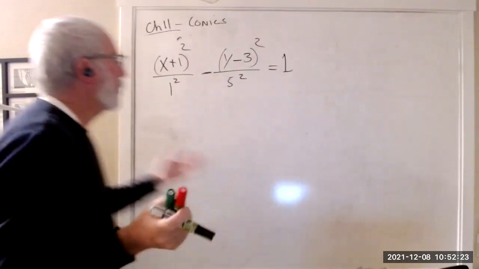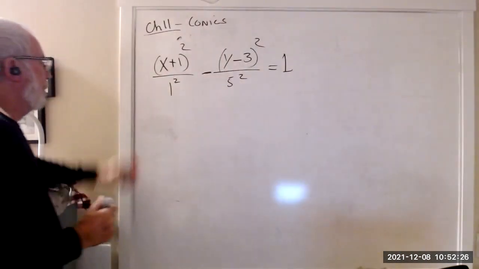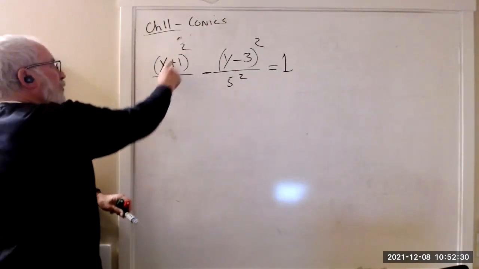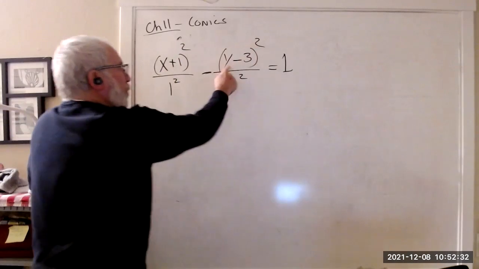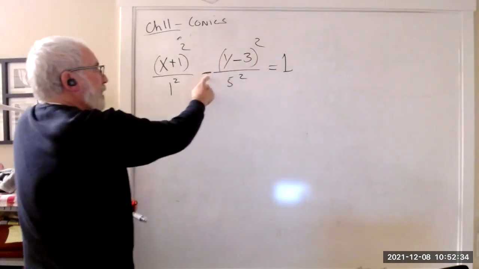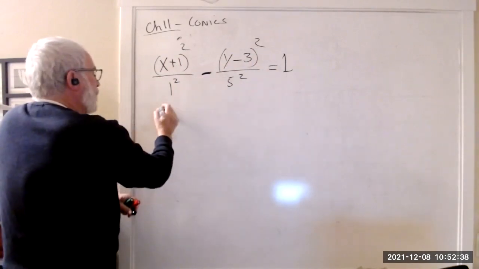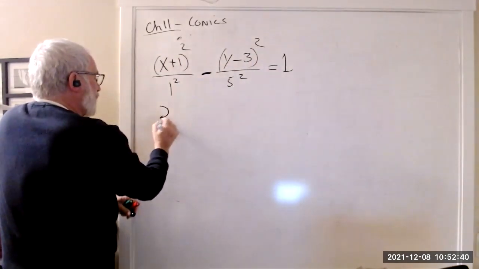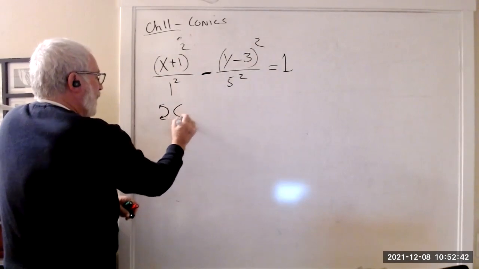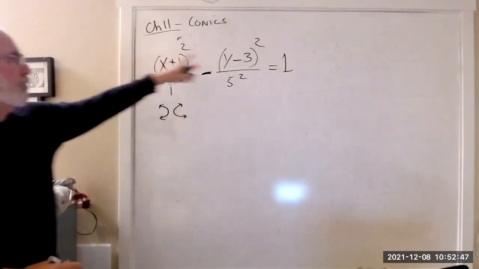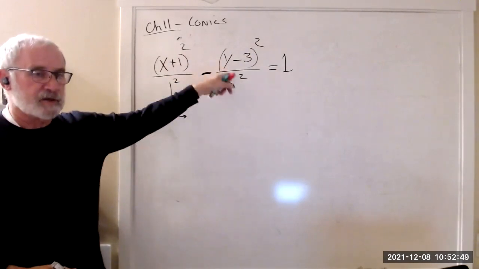So what? Well, first off, I see that this is x squared, this is y squared, and this has got a big minus in the middle. So right now, I know that this is a sideways hyperbola. X is positive, y is negative. The negative is on the y.